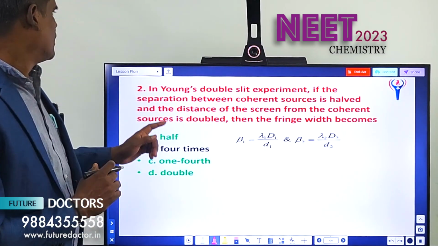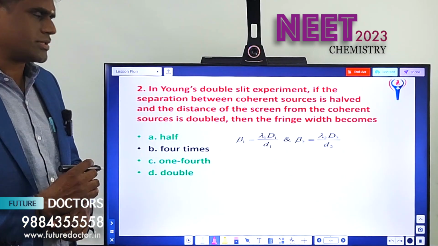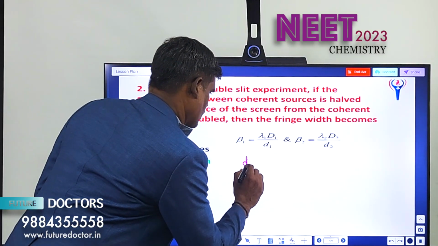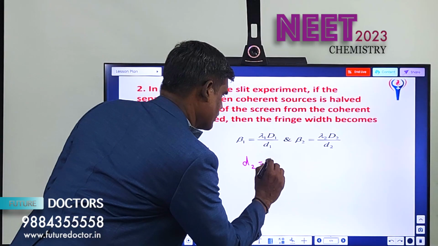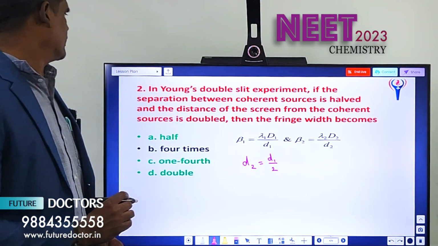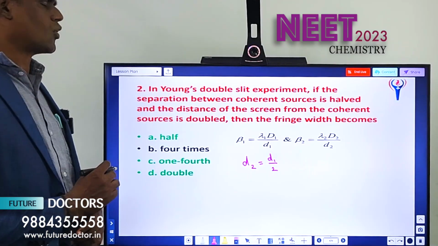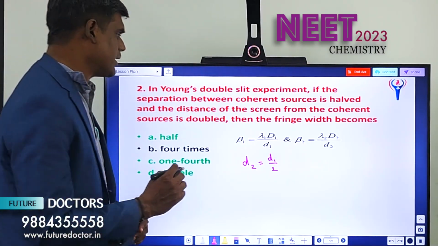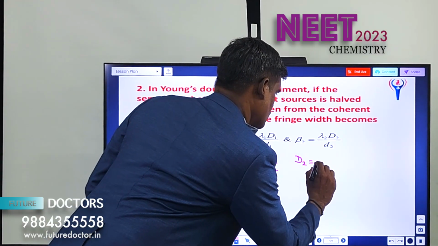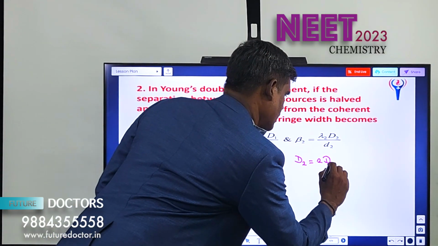Here separation between coherent sources, that is small d, is halved. d2 equal to d1 by 2. And distance of the screen from the coherent sources, that is capital D, is doubled. D2 equal to 2 times of D1.